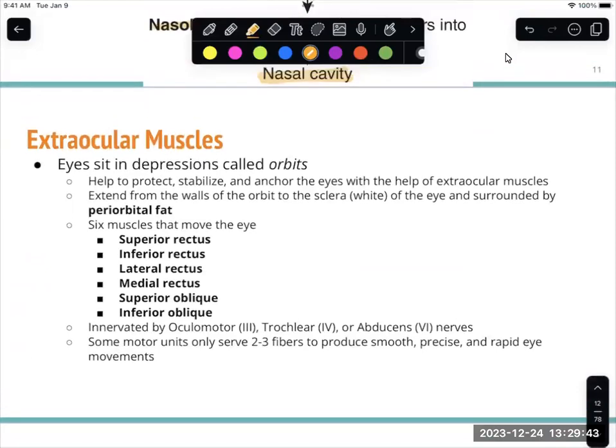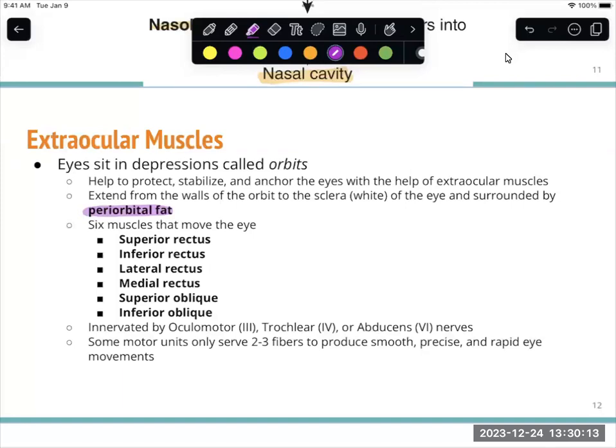So now let's look at the muscles that attach to your eye. So first off, in our eyes, or in that orbit in the skull, there's a lot of periorbital fat. Your eyeballs sit in a pretty good cushion of fat. This is helping to protect that eyeball.